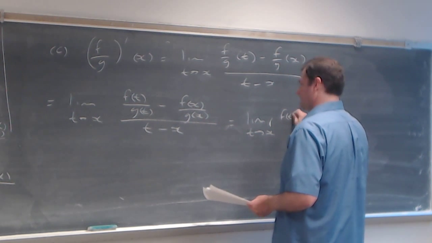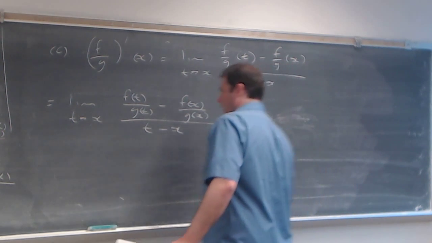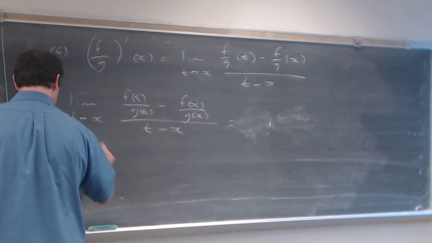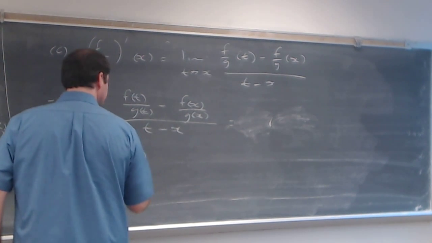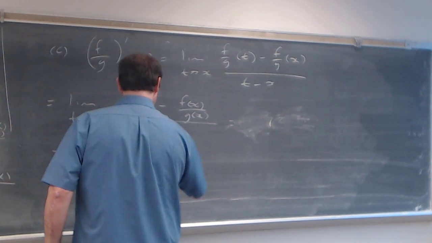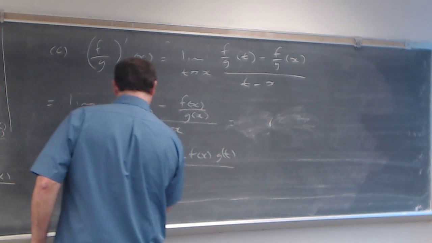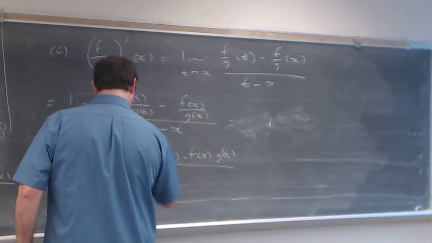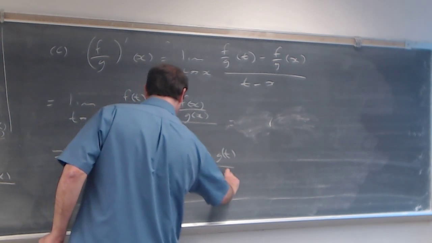So this will be f of t times g of x. You know what? Let me write it down here. It's equal to the limit as t goes to x of f of t times g of x minus f of x times g of t, all over the bottom will be g of t times g of x, and then really times t minus x.